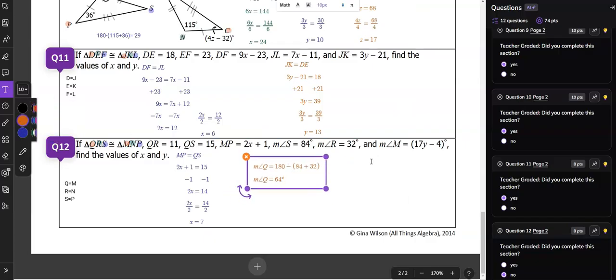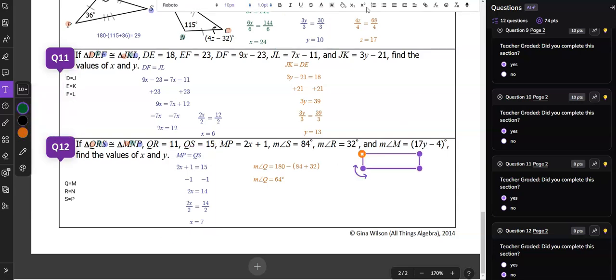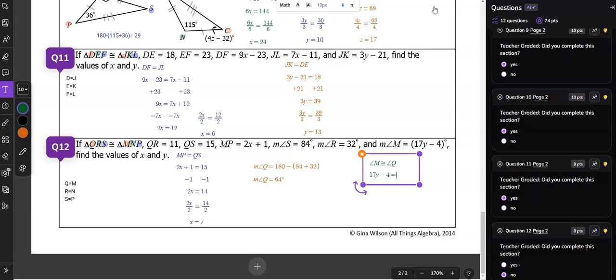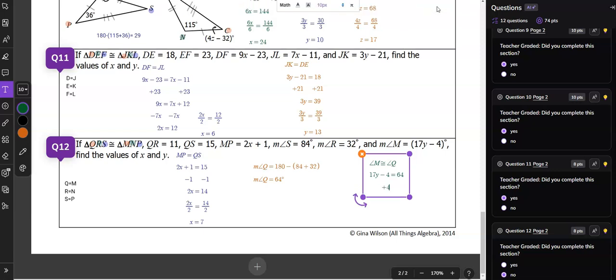All right, now that we have that information, we can easily solve for y, because angle M is congruent to angle Q. Okay, and what that means is I can say that 17y minus 4 is equal to 64. All right, so now we're going to add 4 to both sides. We're almost done. Please bear with me.